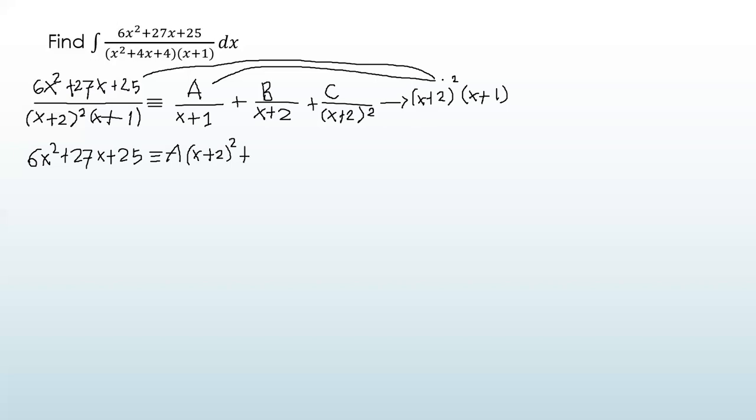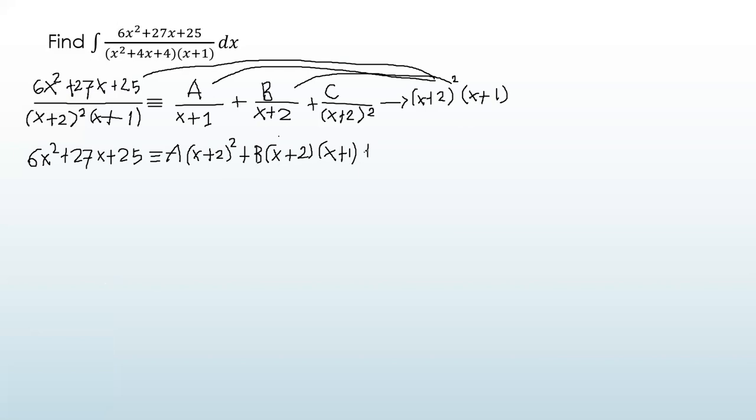And if you multiply this term with b over x plus 2, it's going to be b times x plus 2 squared over x plus 2, which becomes x plus 2 times x plus 1, like this.